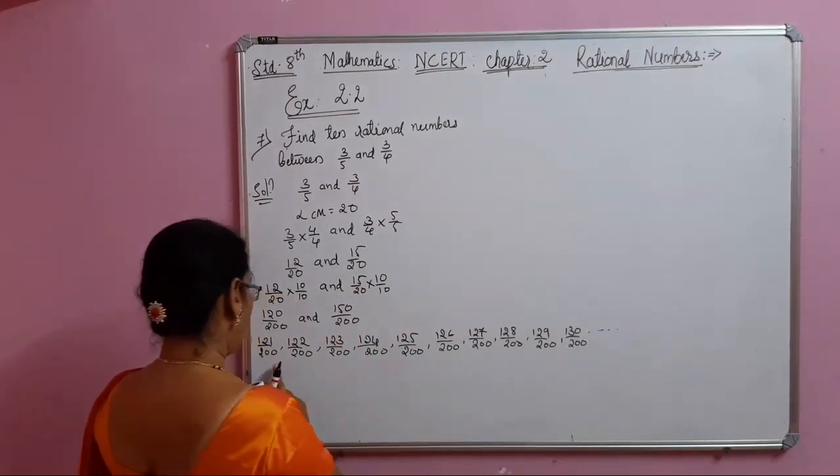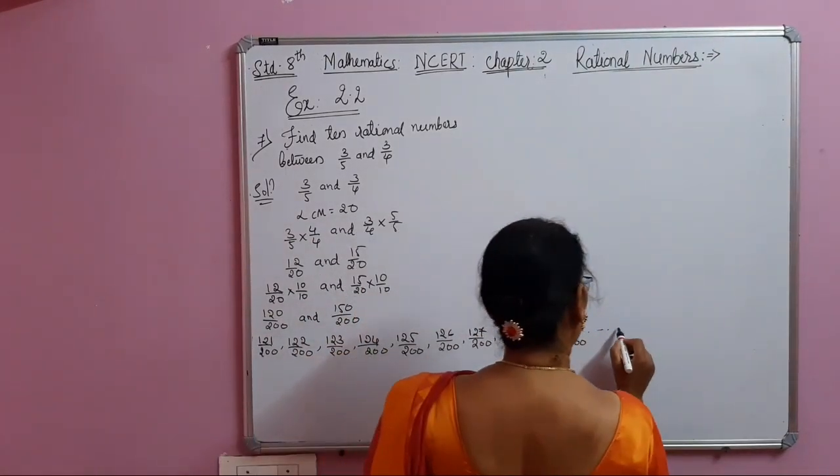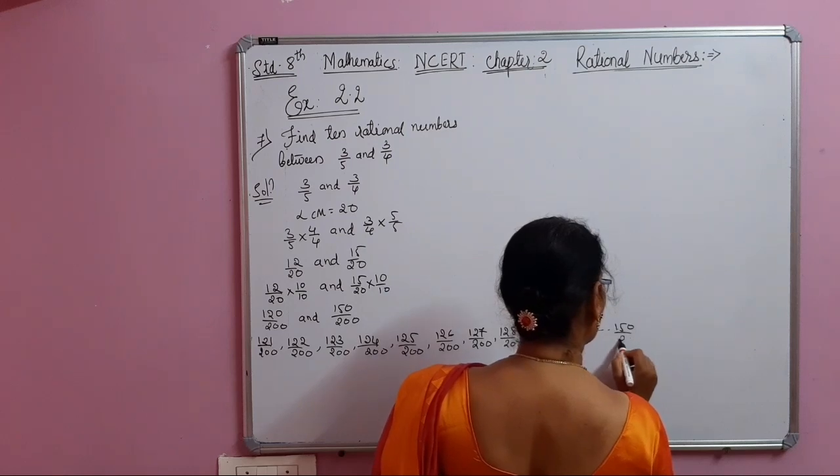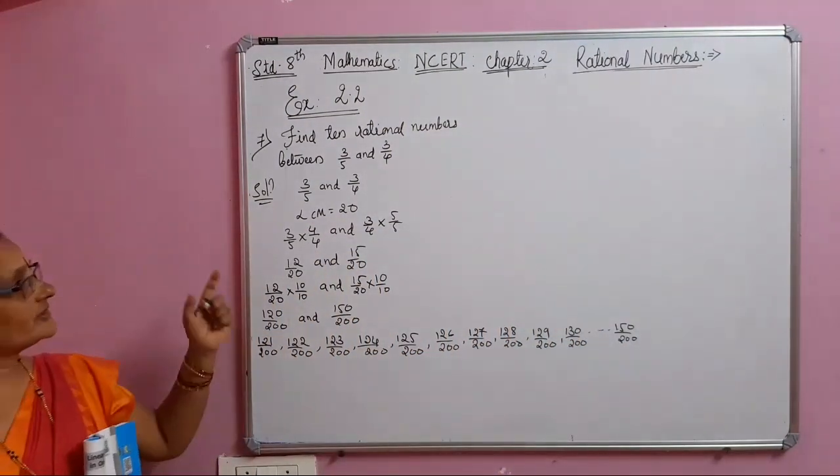See, 2, 4, 6, 8, 10, up to 150 by 200. These are the 10 rational numbers in between the given numbers.